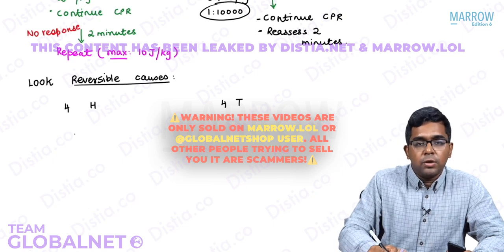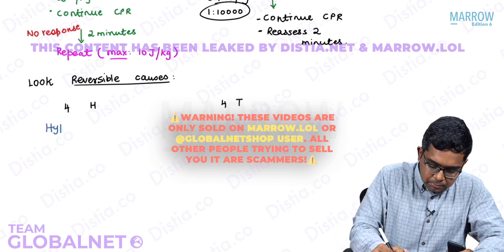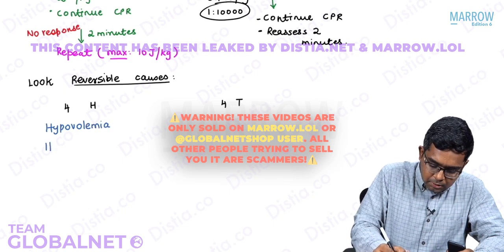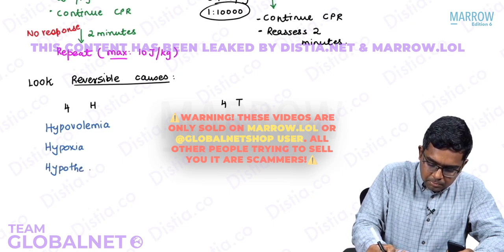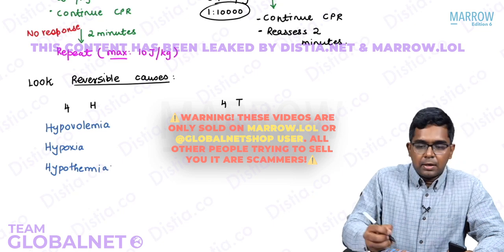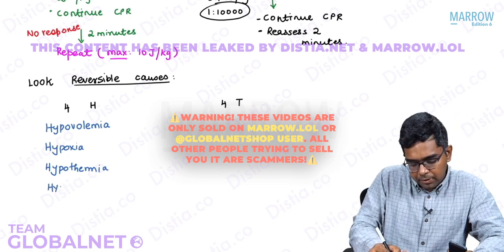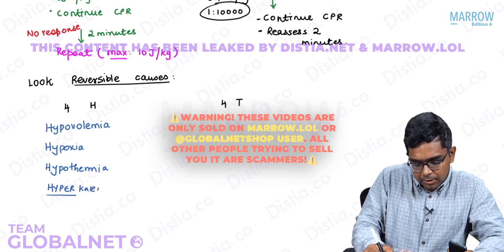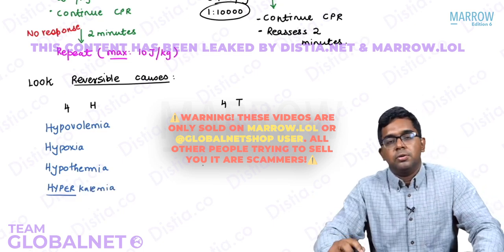For example, the 4H include hypovolemia, hypoxia, hypothermia, and hyperkalemia. Very important, hyperkalemia. These are the 4H that you should be knowing about.